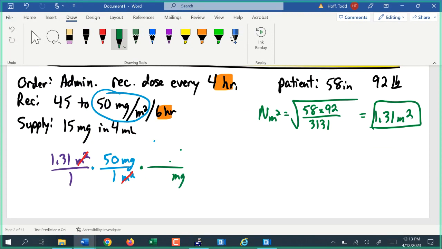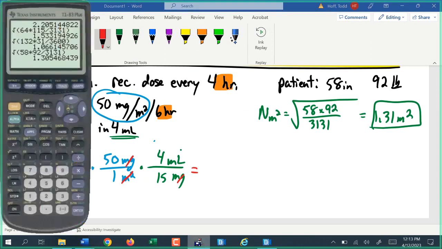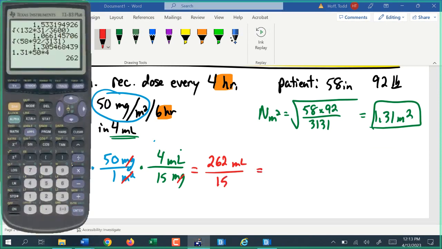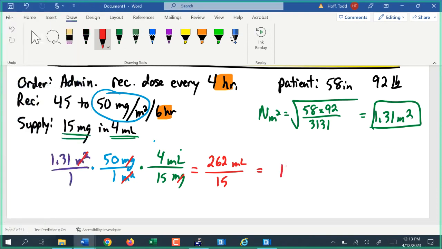So we put milligrams on bottom. 15 milligrams in 4 milliliters. Milligrams have canceled out. We will now be in milliliters. So let's go ahead and multiply this out. So we have 1.31 times 50 times 4 gives us 262 milliliters. On bottom, 1 times 15 is just 15. So we'll divide that by the 15. Give us 17.47 milliliters.